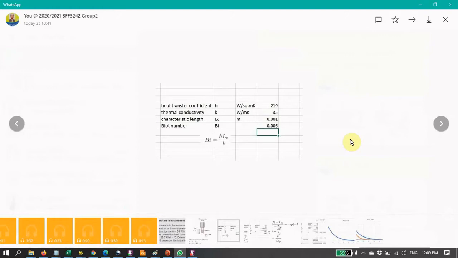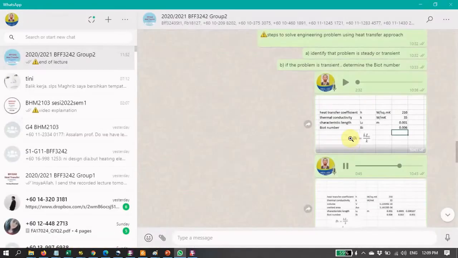For the characteristic length, I just take the diameter of the thermocouple junction, and the corresponding Biot number is 0.006. So based on this characteristic length, we can consider that our system is a lumped system.